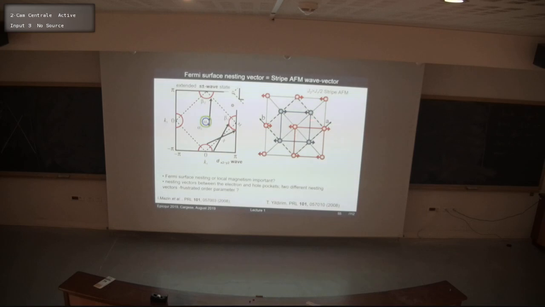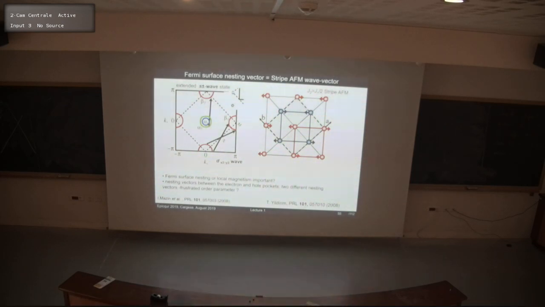And this localized picture then can account for this antiferromagnetic stripe antiferromagnetic wave vector. So it can explain why this antiferromagnetism can exist, only thinking that the spins will be localized.